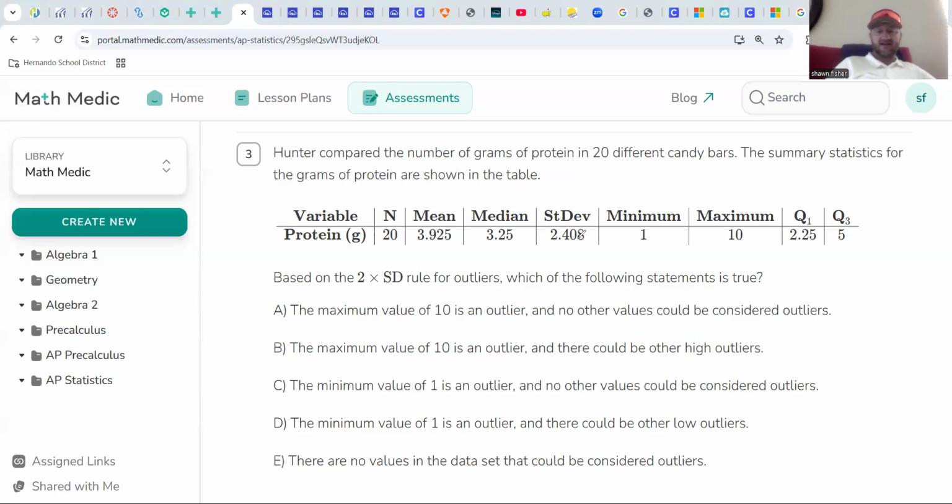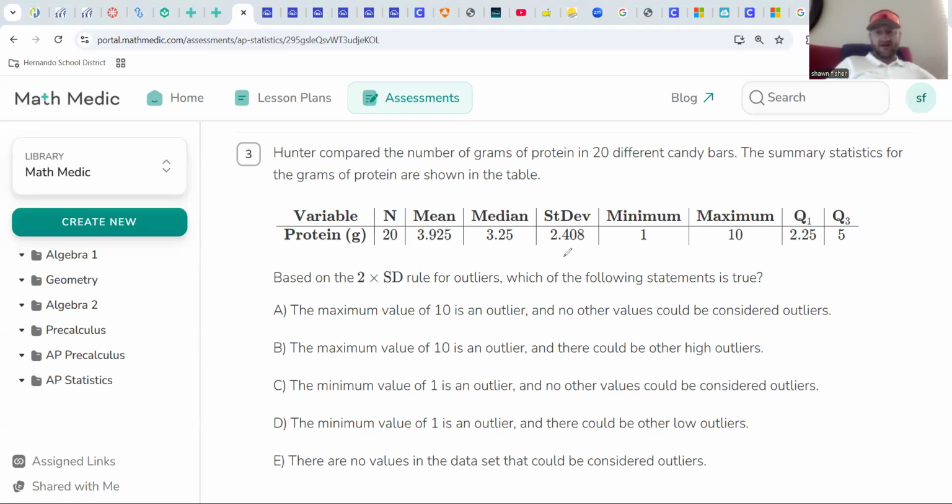The minimum number of protein in some of the candy bars was 1. The maximum was 10, right? My 25% of all of the candy bars is right here. Third quartile is here. Second quartile is here, based on the 2 times the standard deviation rule for outliers.